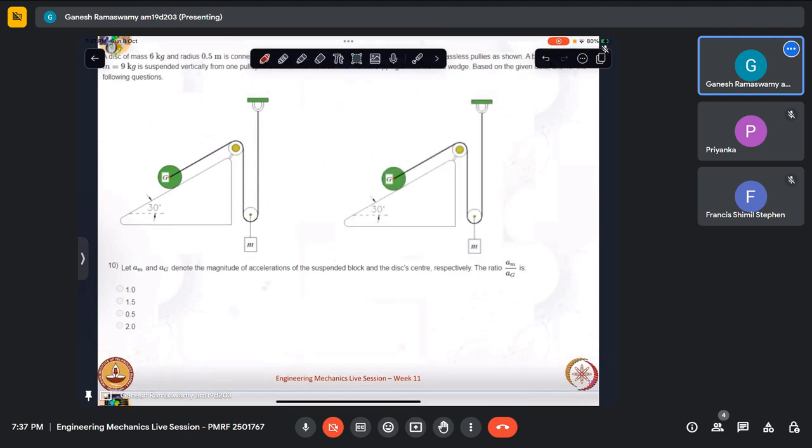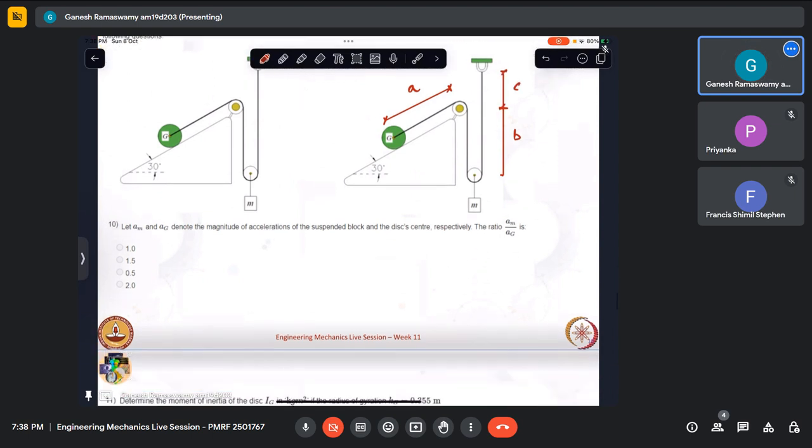So let this distance, let me label that as A. Let this distance be some B and let this be C. I'm just ignoring these for the time being.